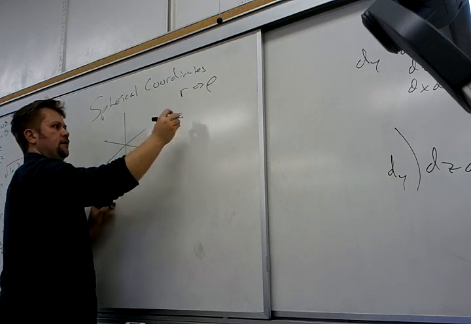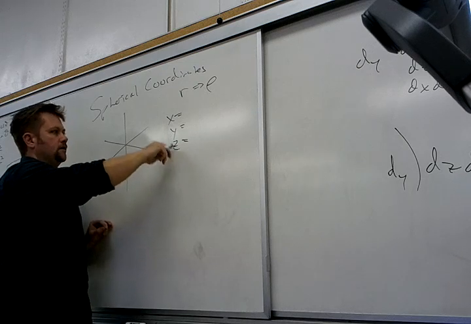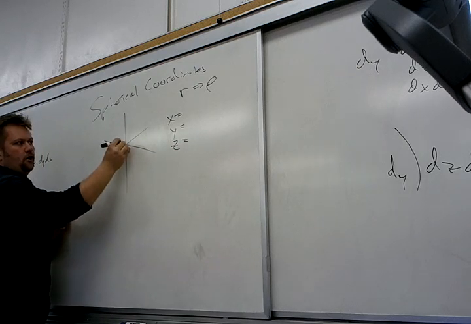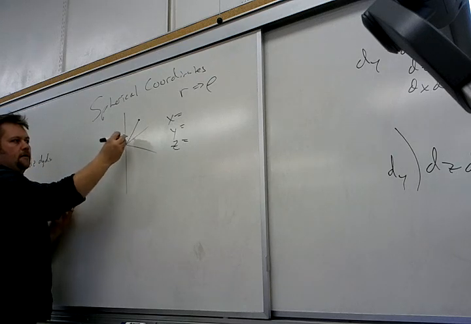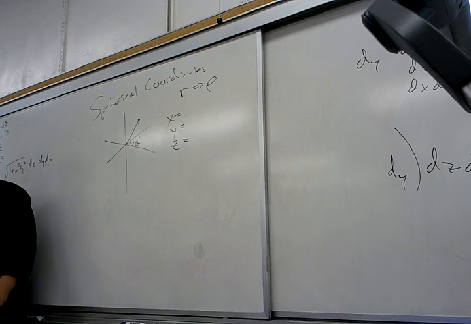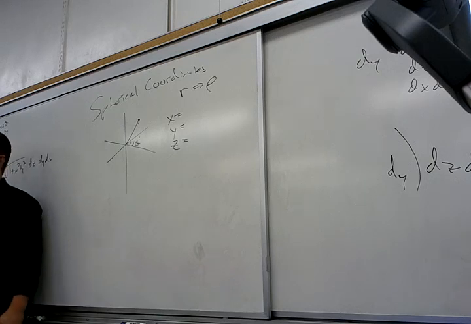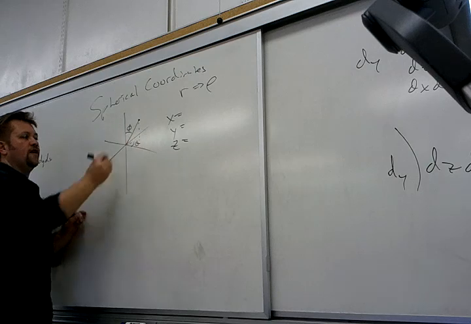So x is going to be... let's start with z actually. If rho is the distance out to some point, theta is the same as it always has been. Theta is going to be this angle here. And the brand new thing, because rho isn't really new, it's just a different name, the brand new thing is going to be this angle here, phi.